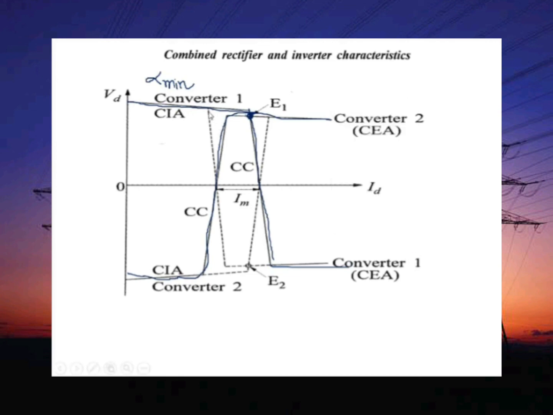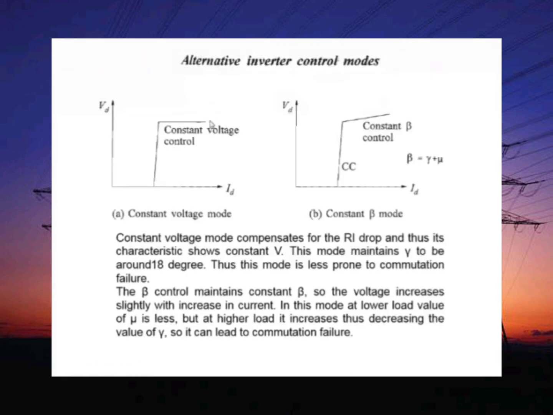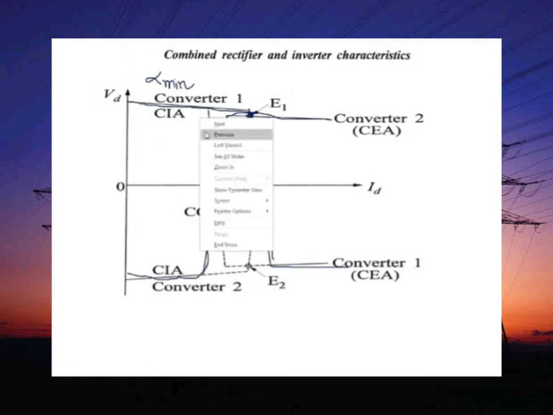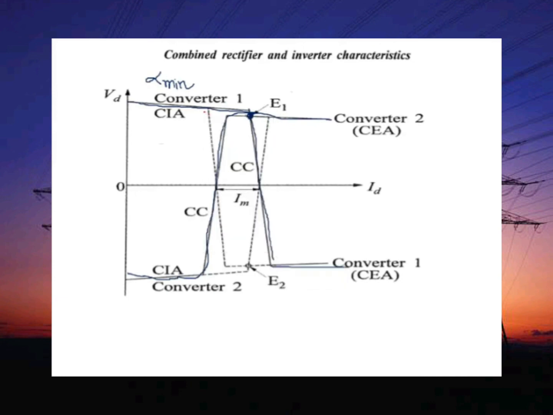Whenever the characteristic is operating in this mode, the power transfer is reversed. At that time, the intersection of both characteristics is denoted by E2.